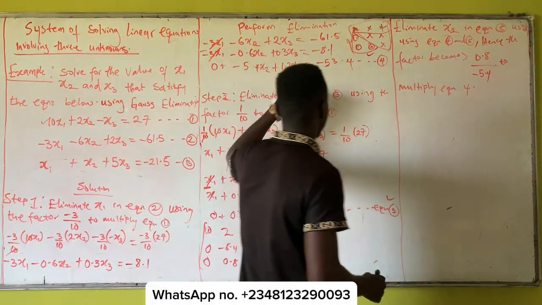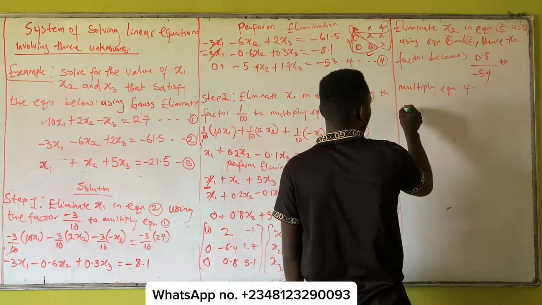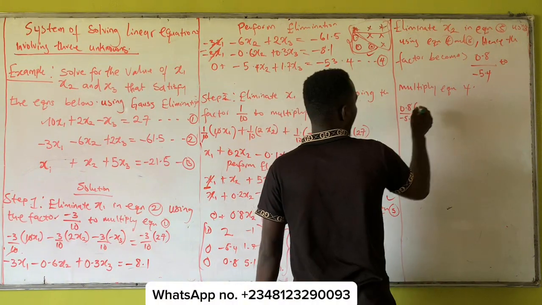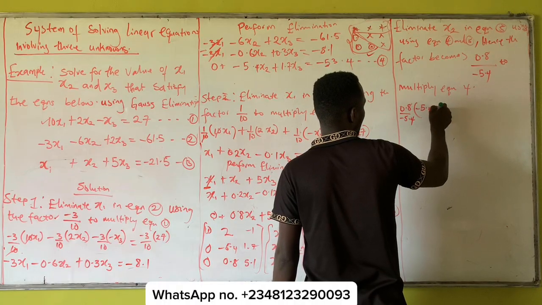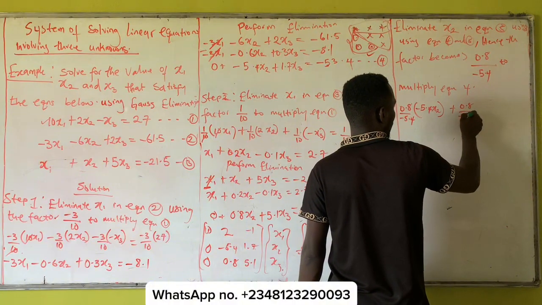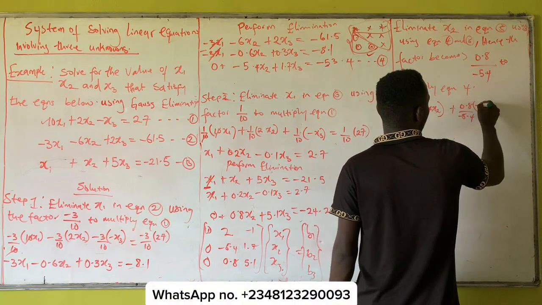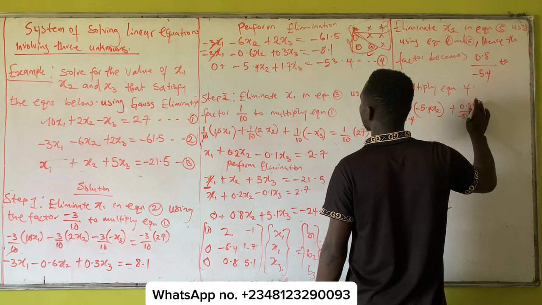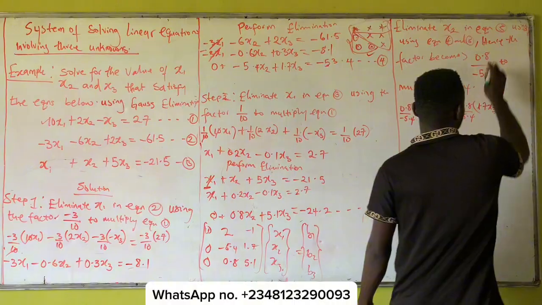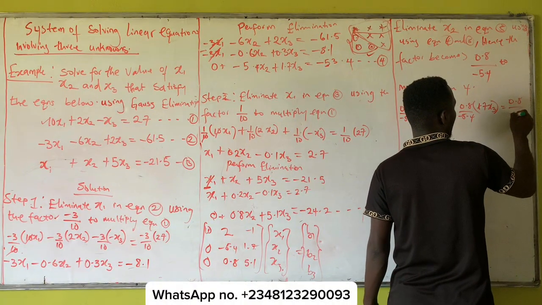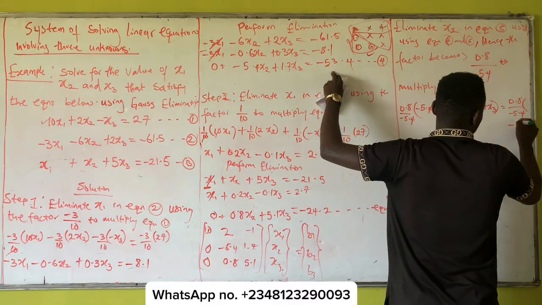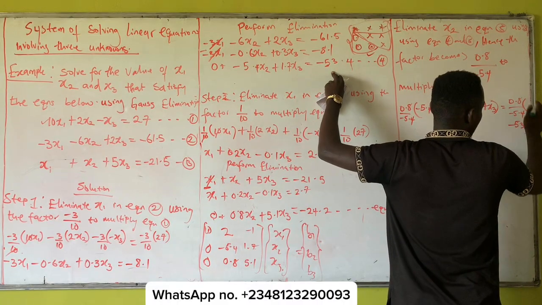So if we use this to multiply equation 4, we're going to have 0.8 over minus 5.4 into minus 5.4 x2 plus 0.8 over minus 5.4 into 1.7 x3 is equal to 0.8 over minus 5.4 into minus 53.4.